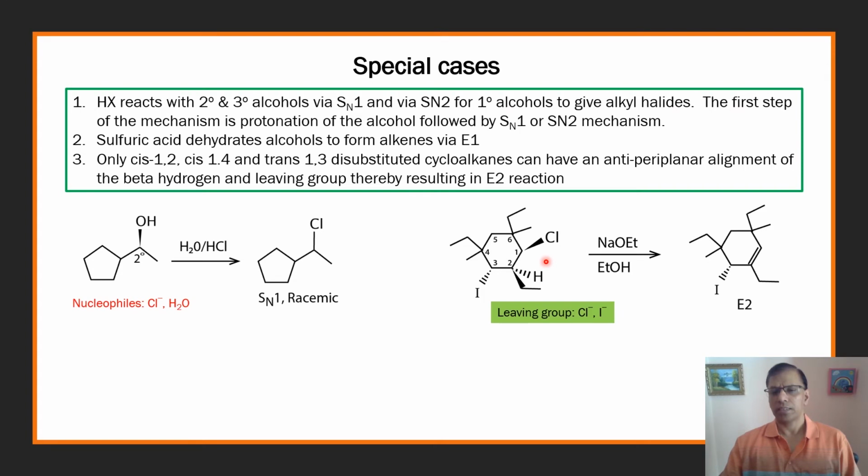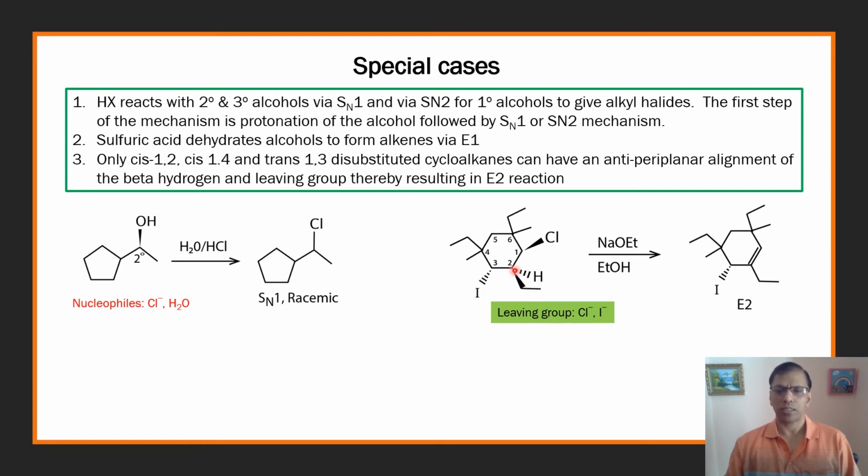And this is a secondary alkyl halide. So it will proceed via an E2 mechanism. So in order for the E2 mechanism to occur, you need to have a beta proton. The only beta proton that's available is this hydrogen.